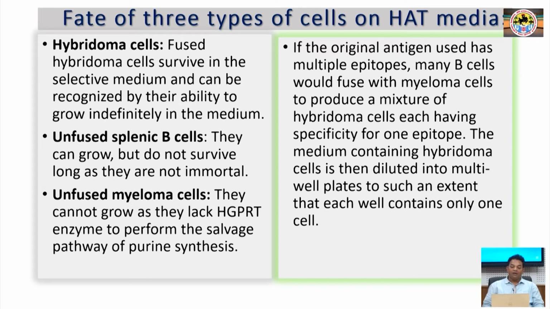The medium containing hybridoma cells is then diluted into multi-well plates to such an extent that each well contains only one cell. After this, we are going to purify these antibodies by using microwell techniques.